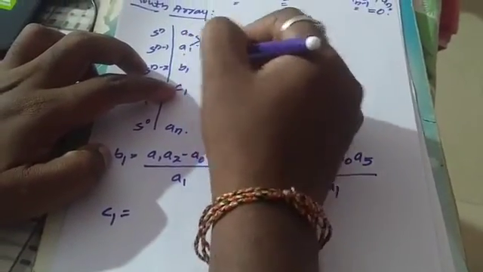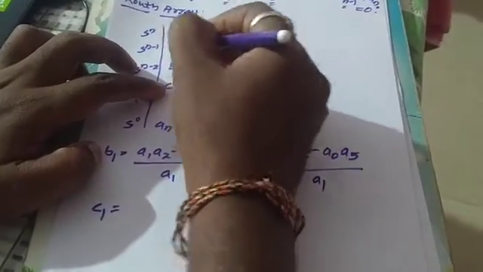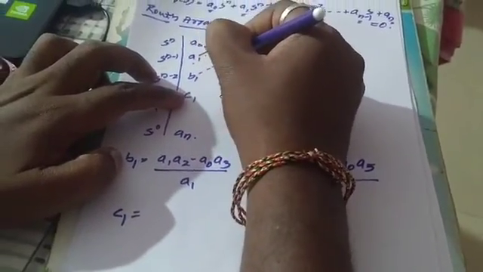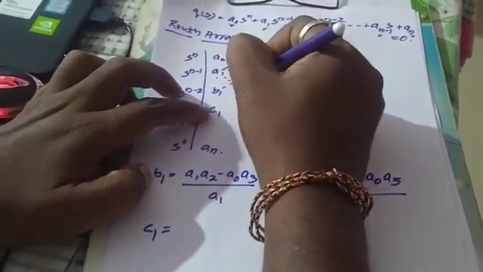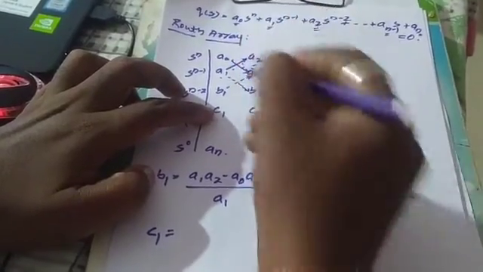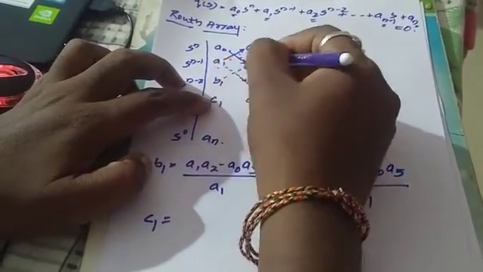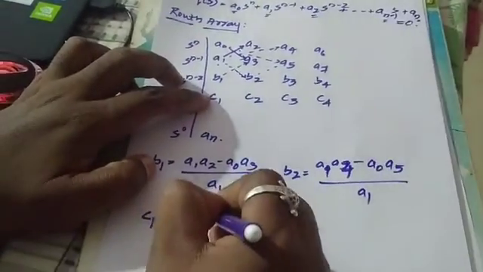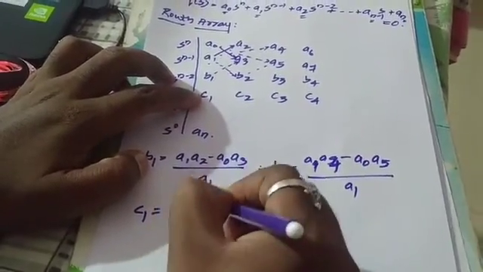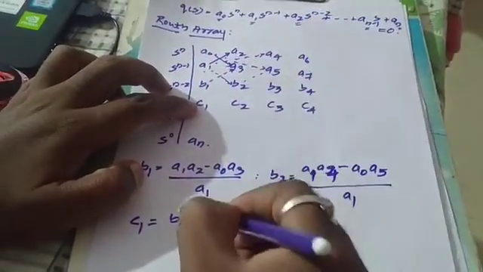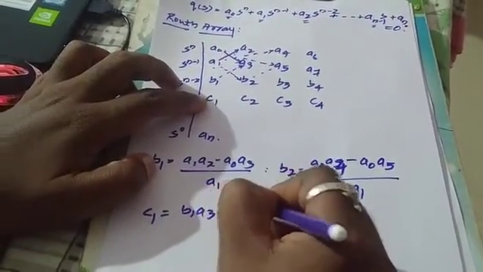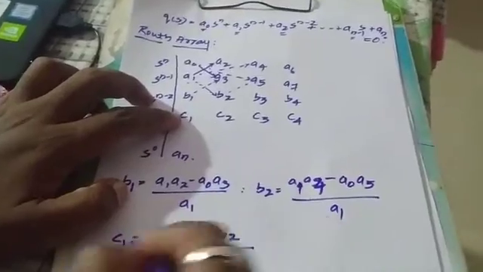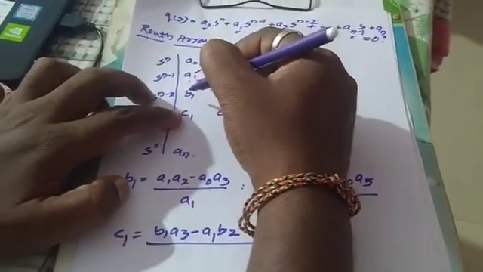What is c1? Similarly, you consider these two groups. C1 is equal to b1 a3 minus a1 b2, divided by b1.